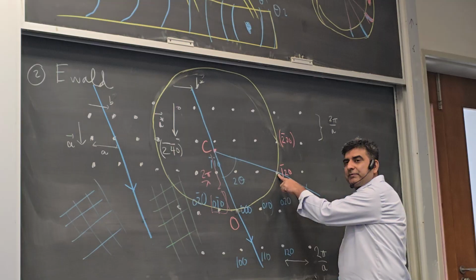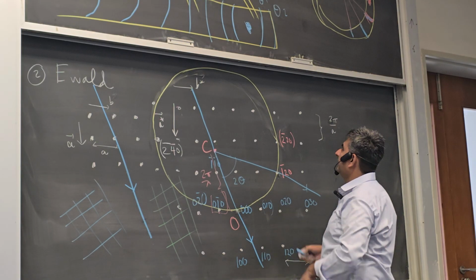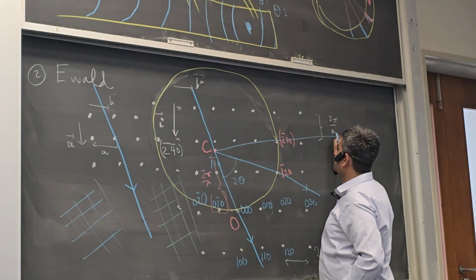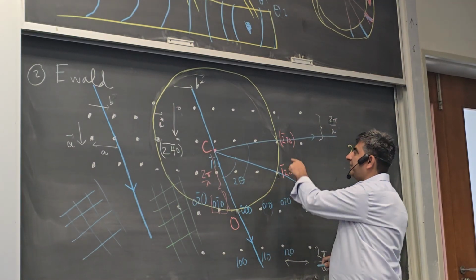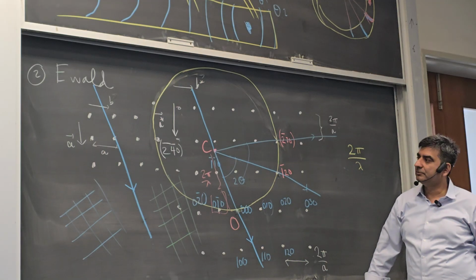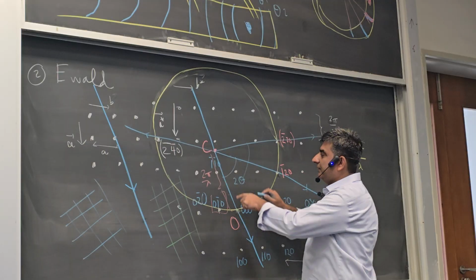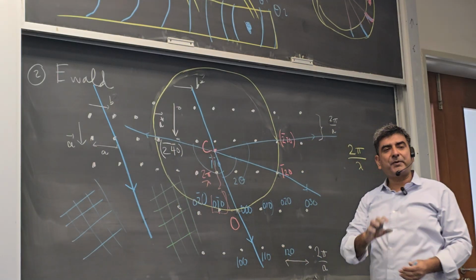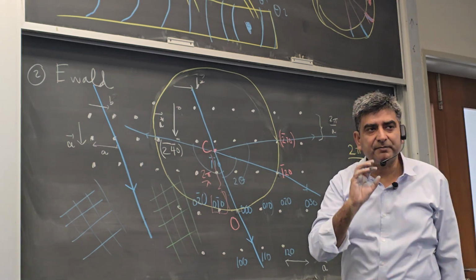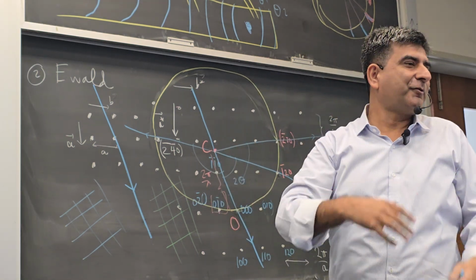The scattering plane is 1 bar 2 0. This will be a scattered direction as well. This will be the scattered angle 2 theta and the scattering plane will be 2 bar 2 0. Here there is going to be a scattered ray as well. The angle is this one and this is the scattering plane. So we can identify all the scattering planes and the scattered angles. When we know 2 theta, we know theta as well.